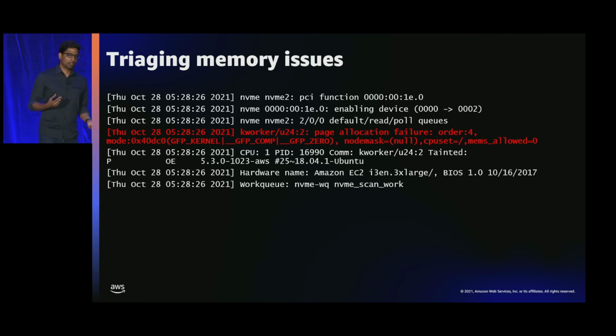For the vast majority of our fleet, everything was working fine, but there was one particular cluster where for some of the EBS volumes, the AWS console itself was saying the volume is attached, but when you look on the instance itself, you don't see that volume appear. The details are in the kernel logs.